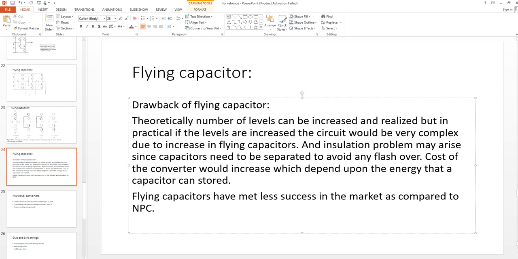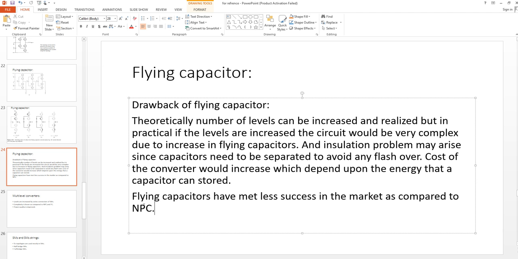In order to insulate those capacitors, the cost of the converter will definitely increase, which depends upon the energy that a capacitor can store. So obviously, if we are using a capacitor whose energy is very high, its cost will be very high, and to provide insulation to those capacitors for a higher number of levels, the cost will definitely be very high.